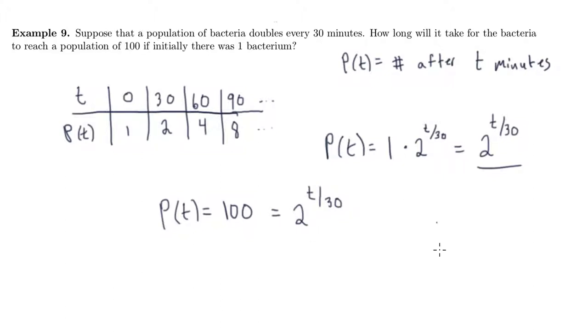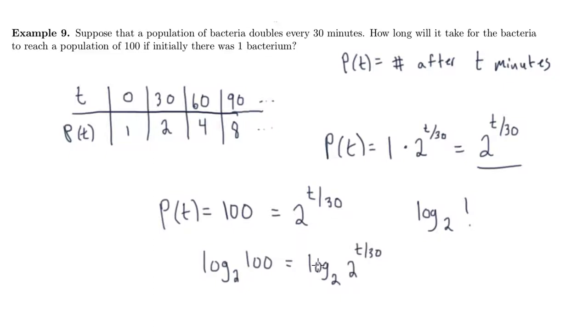But what I can do is apply log base 2 to both sides. And I'm using log base 2 because the base of the exponential is 2. So in other words, this equation is equivalent to saying log base 2 of 100 is equal to log base 2 of 2 to the t over 30.